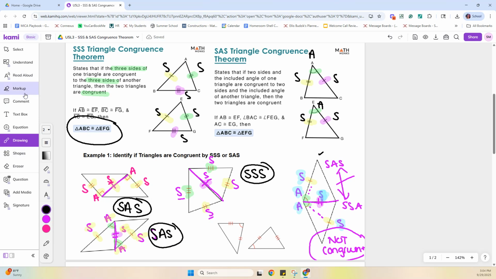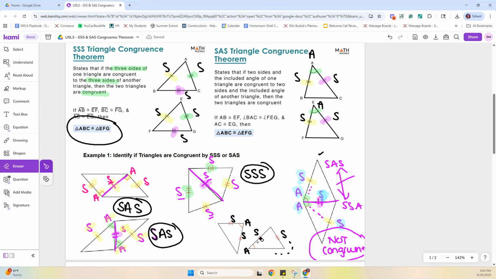And then finally for that last one, let's see what's going on. For this one, it looks like I have a side marked, an angle, and then a side. Where over here, right now I have a side, and then another side, then an angle. Notice I'm not going all the way around where there's nothing going on here. I'm going from mark to mark to mark, the shortest distance possible between marks.